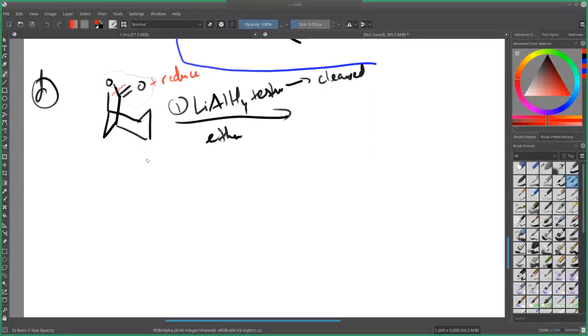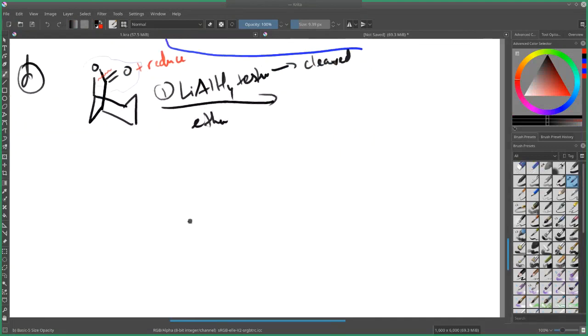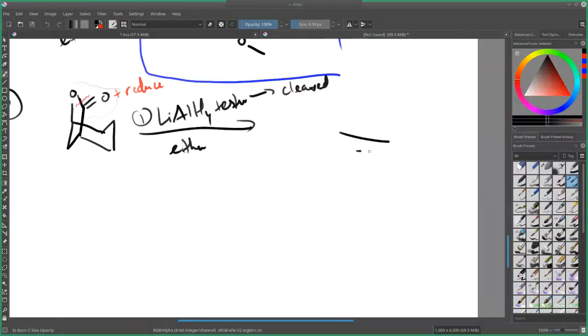To draw that out, what our molecule winds up looking like is still this big ring, and now up here we have a carbon and an oxygen, which gets reduced. And over on the other carbon, we just have that oxygen, which becomes an alcohol.